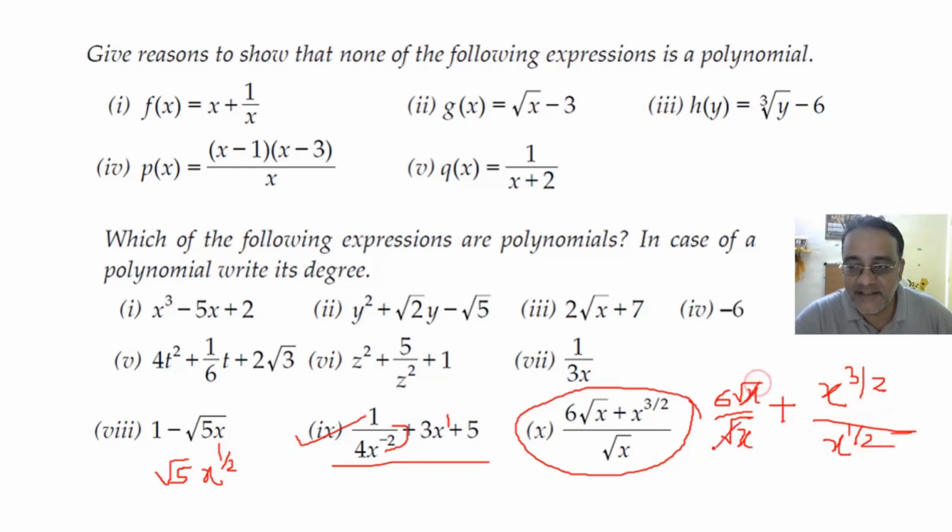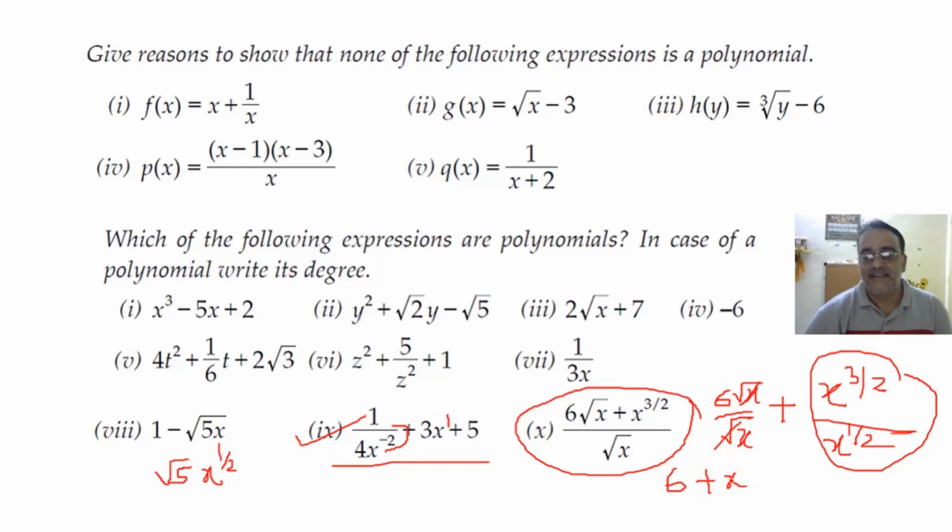So इसमें तो x √x कट गया. If you simplify this one, you will get x. पूरा सिंप्लीफाई करने के बाद 6 plus x मिलेगा. पॉलिनोमियल है कि नहीं? Yes, sir. 3/2 देख के सब लोग क्या बोल रहे हैं कि पॉलिनोमियल नहीं है. बट यू हैव टू सिंप्लीफाई.